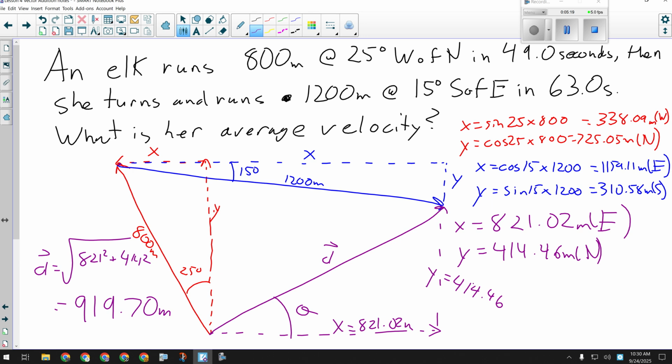Now I also need the angle, right? To get that angle, it's opposite over adjacent. So theta will equal tan to the minus 1 of the 414, opposite, divided by the adjacent, 821, obviously with all the decimals in my calculator.